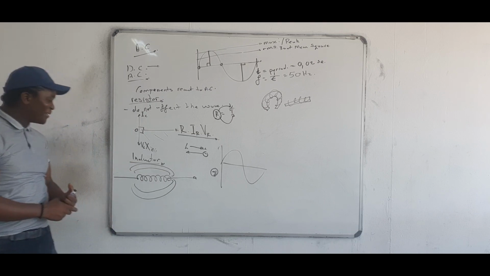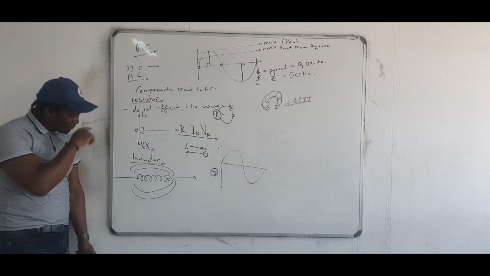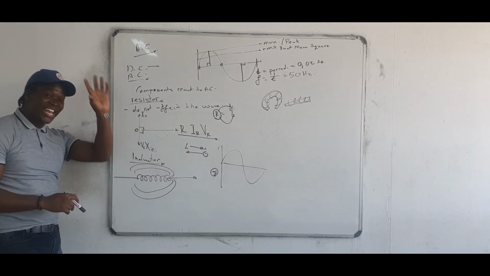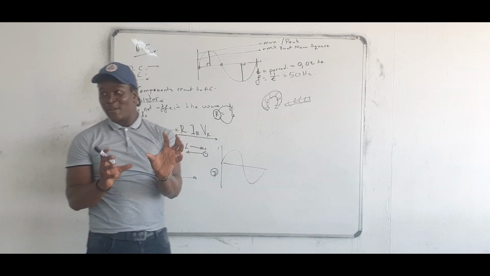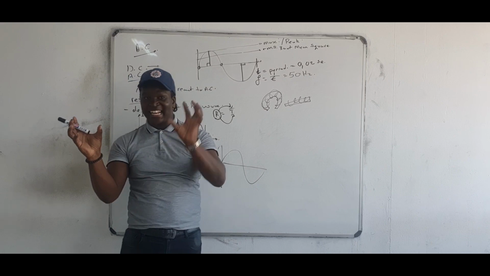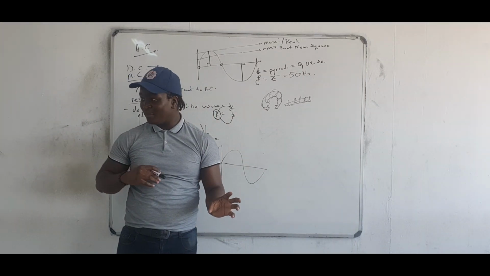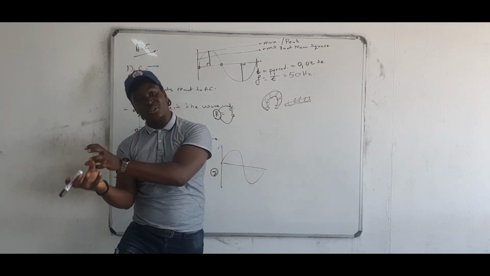But, oh man, there's always a big word. So here's the but. There is also a law that says whenever you have an interaction between the magnetic flux and a conductor, an EMF is then induced onto the conductor.